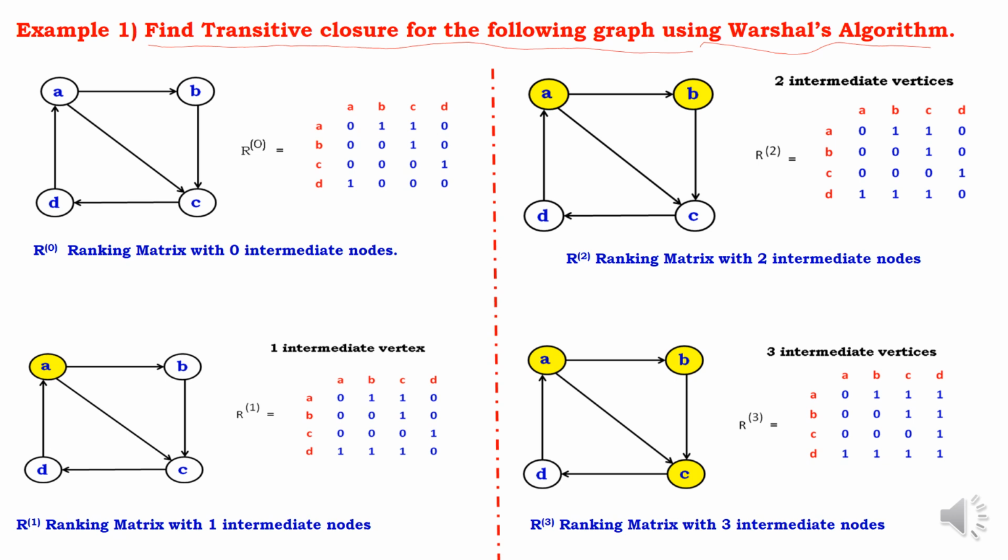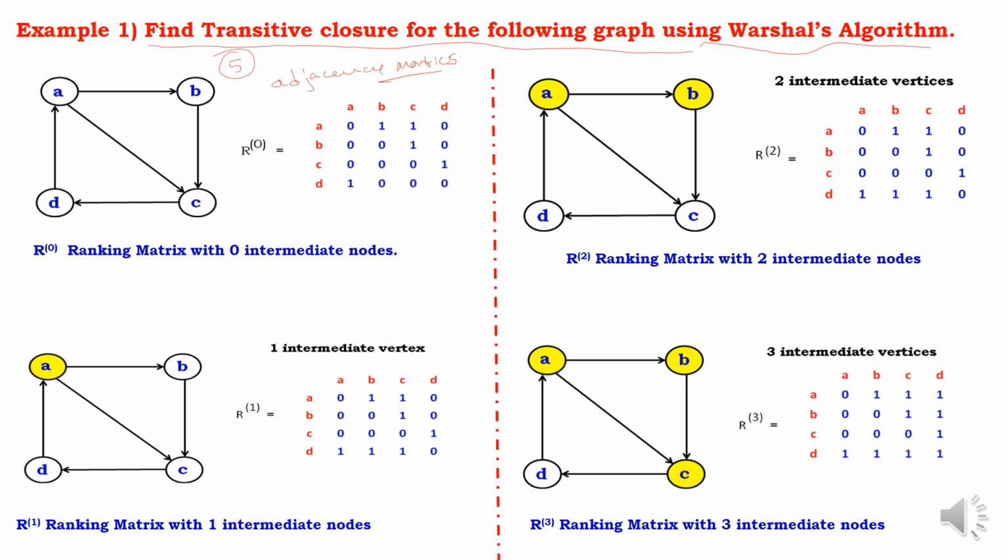The edges are A to B, B to C, C to D, D to A, and A to C. So there are five directed edges, and let me find the adjacency matrix. If there is an edge between two vertices, represent it as 1. If there is no edge between two vertices, represent it as 0.